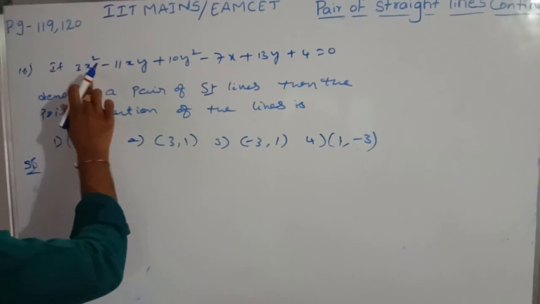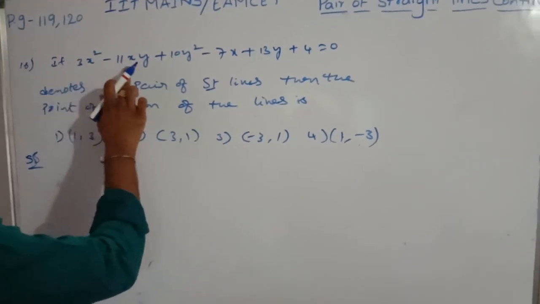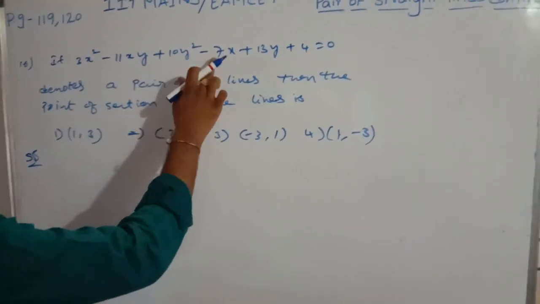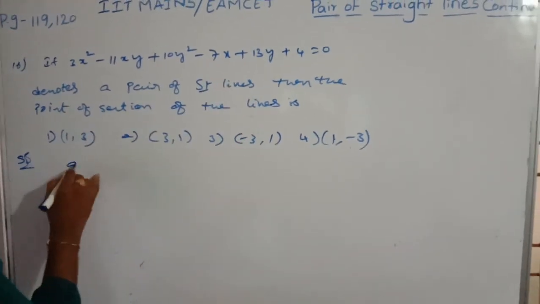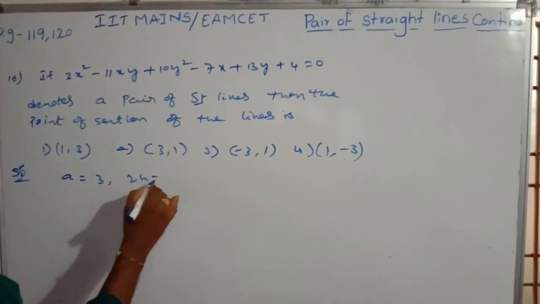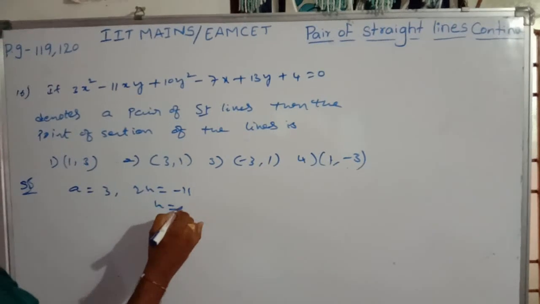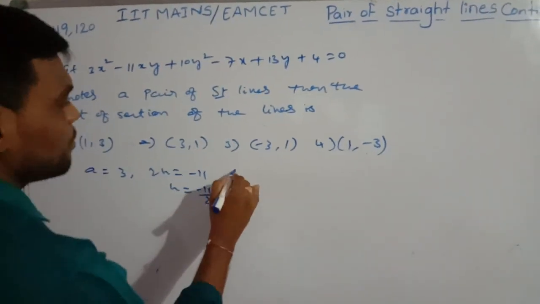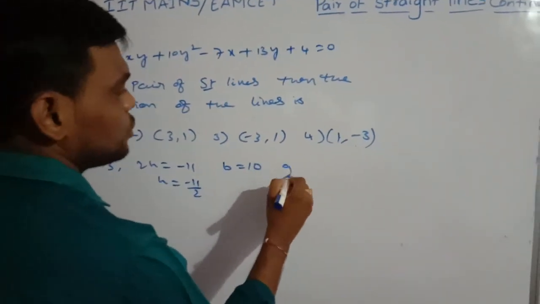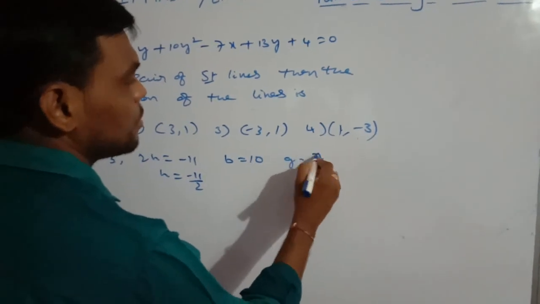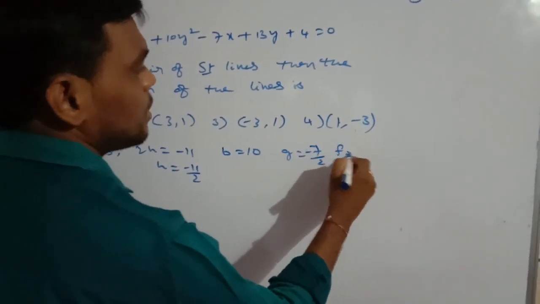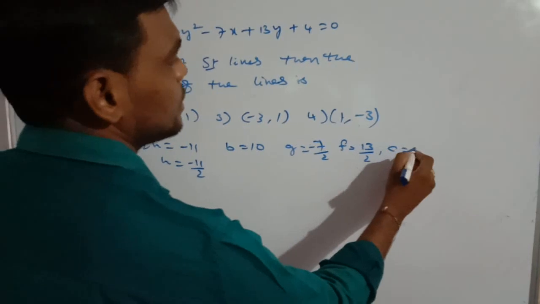Now comparing with ax square plus 2hxy plus by square plus 2gx plus 2fy plus c is equal to 0. Here a is equal to 3, 2h is minus 11 and h is minus 11 by 2, and b is equal to 12 and g is minus 7 by 2, and f is equal to 13 by 2 and c is 4.